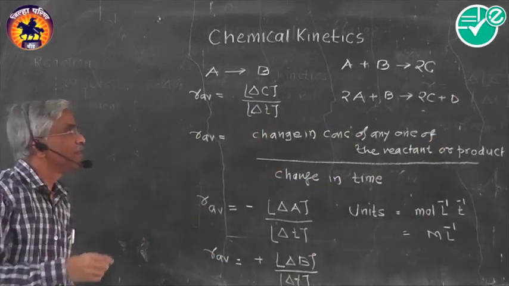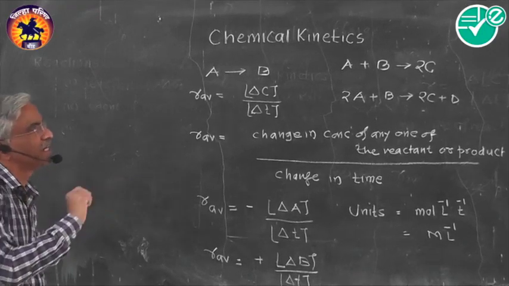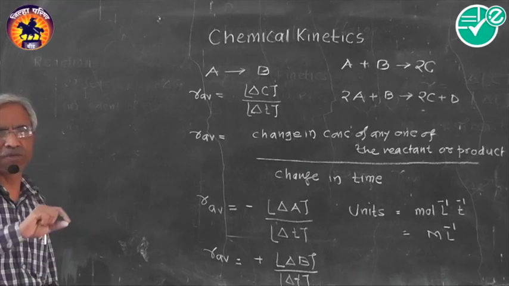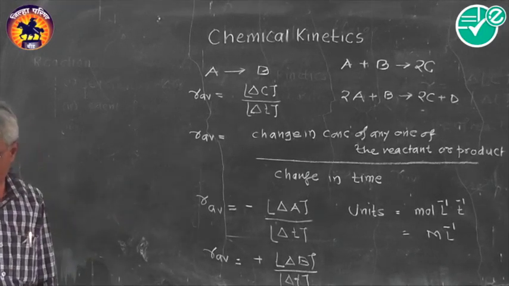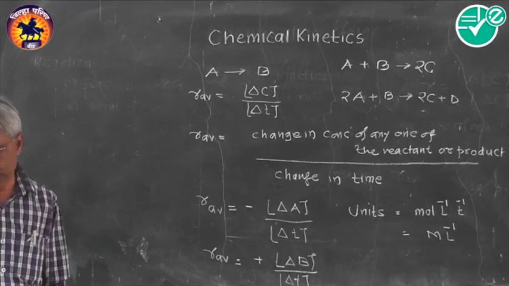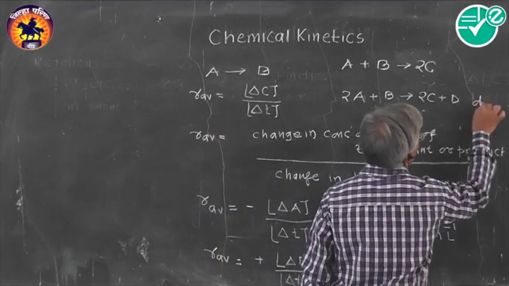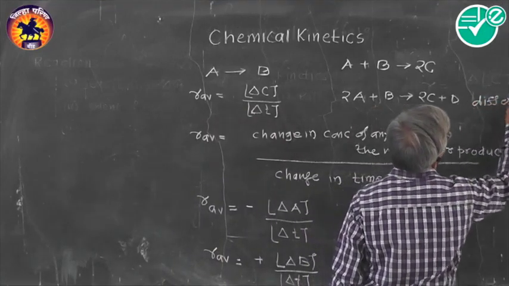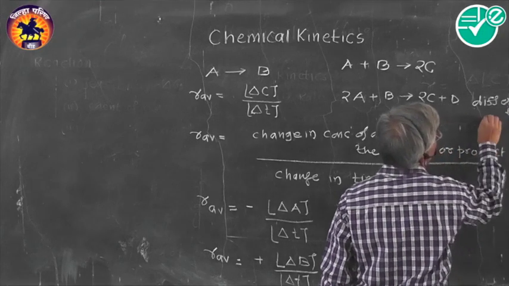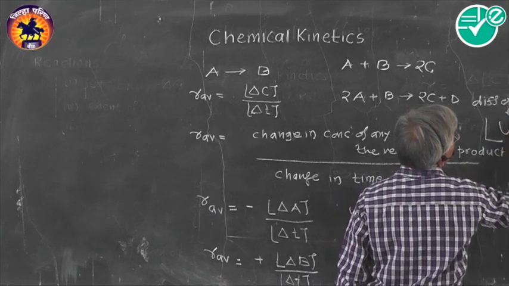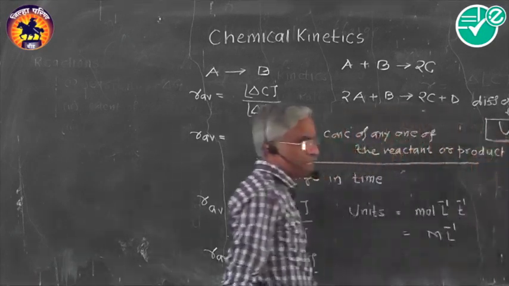Then the rate of reaction expression may vary with respect to D, with respect to A, and with respect to the formation of C. To avoid such kind of things, this reaction can have different rates. But to avoid this different rate, we always need a unique way of expression of the rate in chemistry.